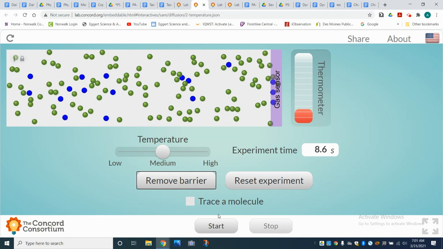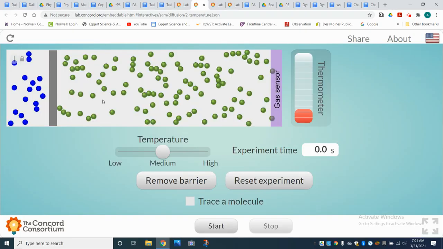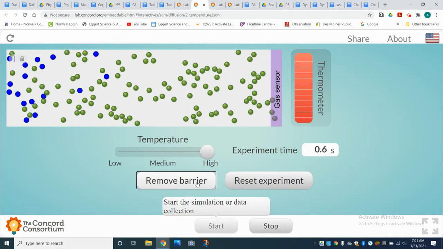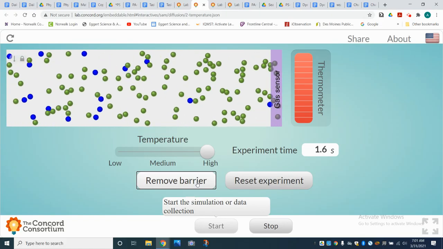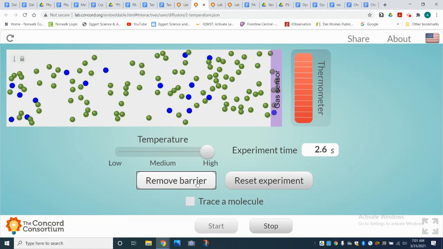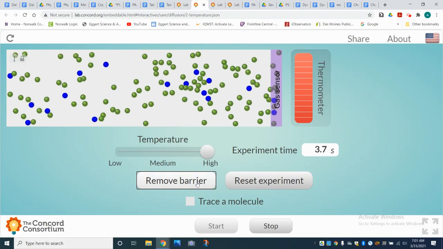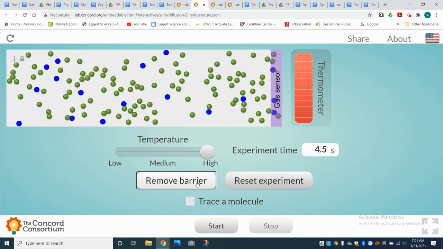On medium temperature, it took about 8.6 seconds. I'm going to switch it and reset it to high temperature. Compared to 8.6 seconds, is high temperature going to be faster or slower or the same diffusion rate? Note that the time is 4.5 seconds.